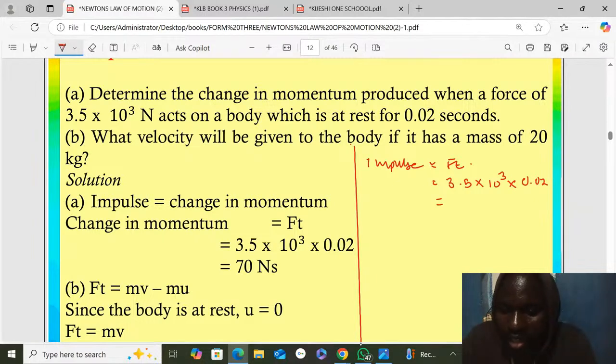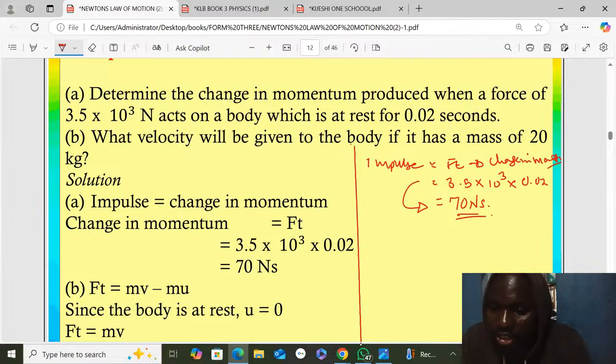This gives us 70 newton seconds. The question asks to determine the change in momentum, so this is also the change in momentum p.